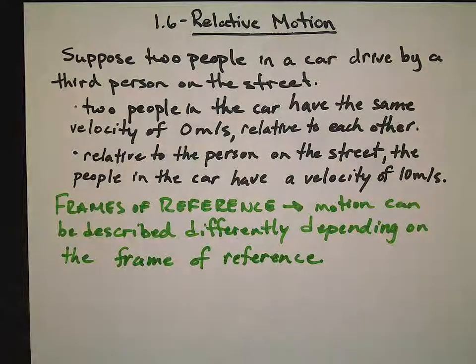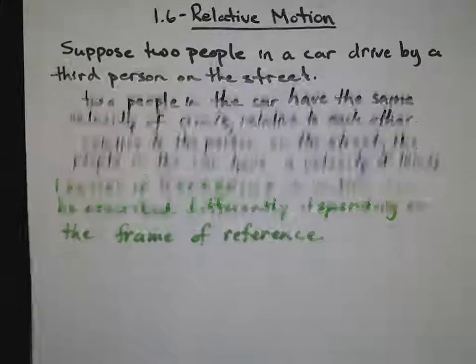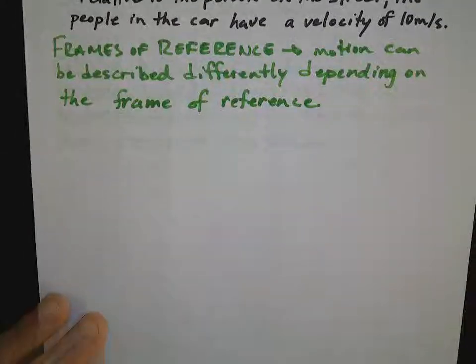So it depends on if we're describing the motion inside the car where the two friends are, or if we're describing our motion outside the car where the person is watching the car pass them. And that all leads us right into relative velocity.